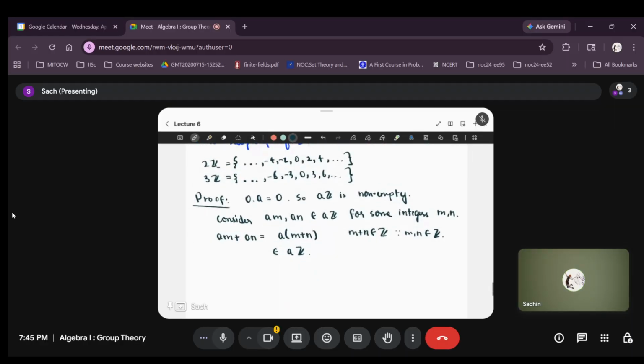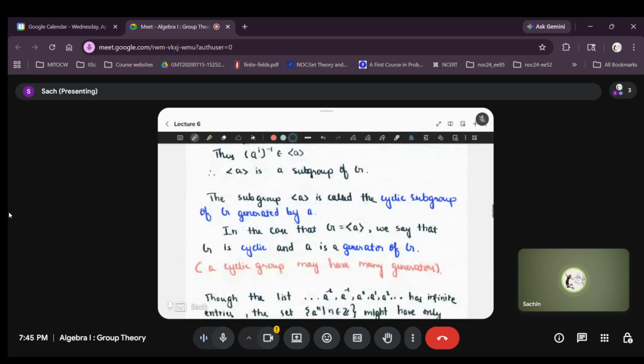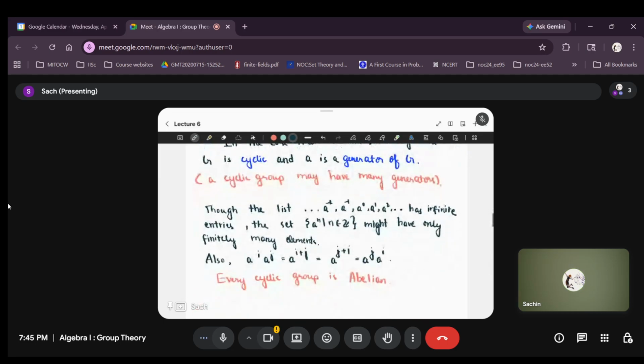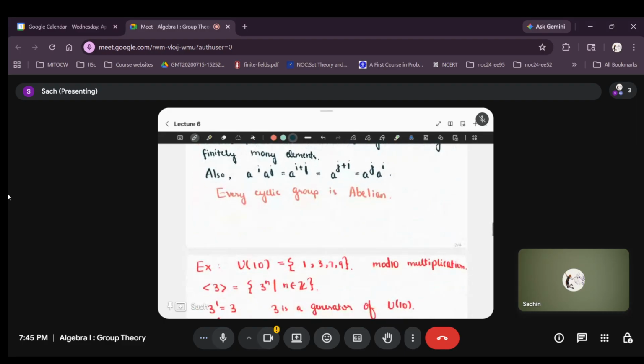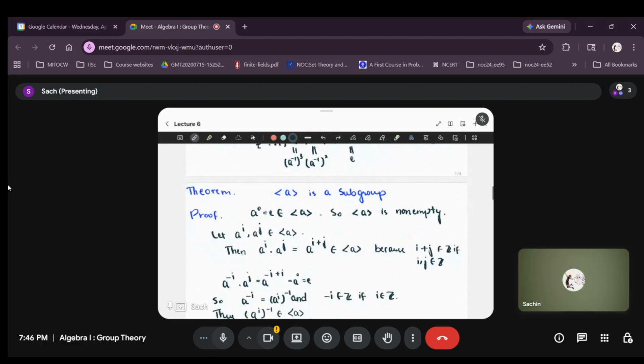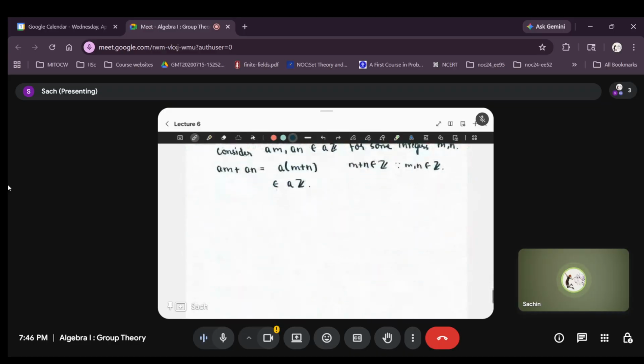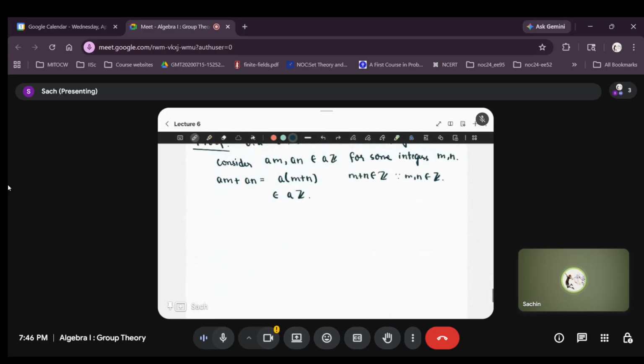Well, this is actually this theorem here. What was it? The subgroup generated by A is a subgroup, right? It's the same but in additive notation. For a specific example, I'm doing this. That's all for integers.